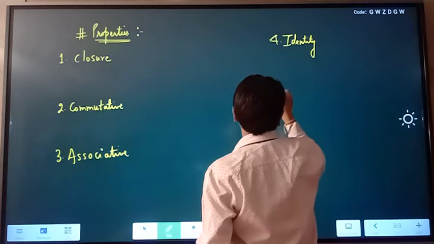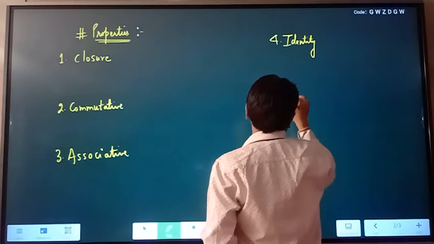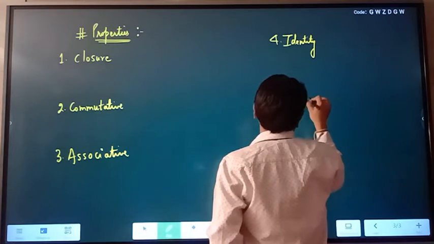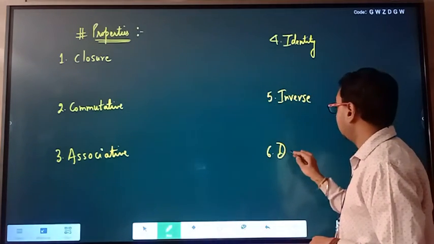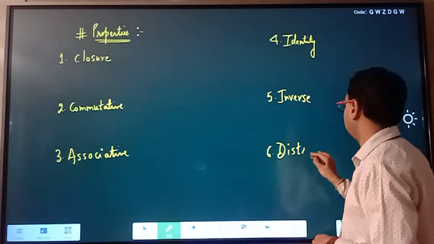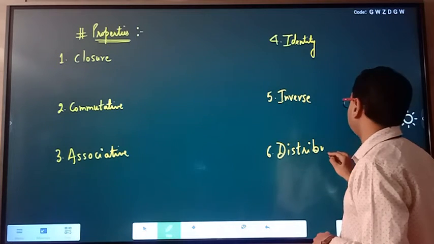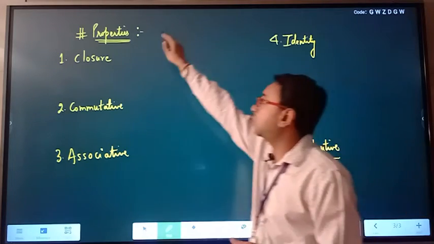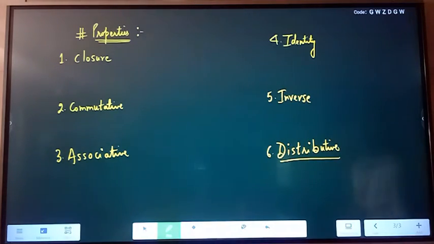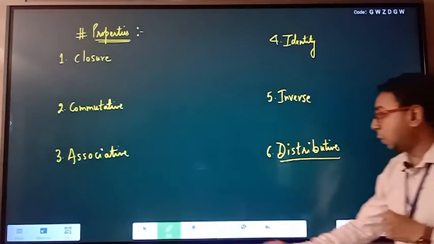Fifth one is interesting, inverse. We'll see this one. And sixth one is added for you, that is distributive. Distributive is a special case in case of multiplication. We'll see. Are we clear with this? So let us start one by one.